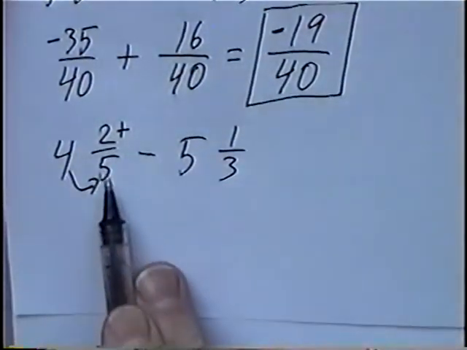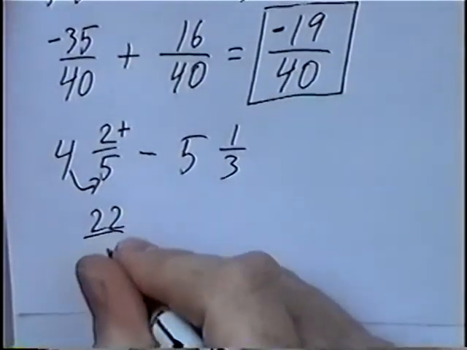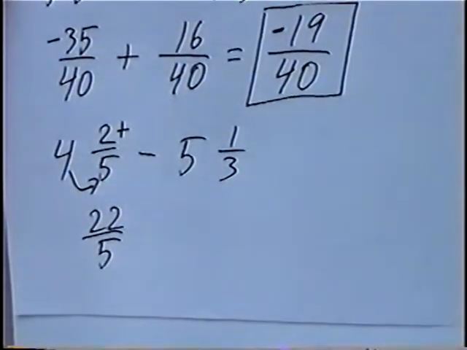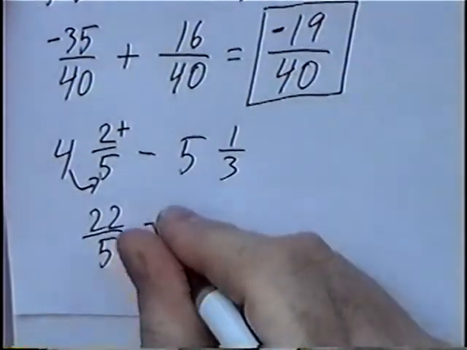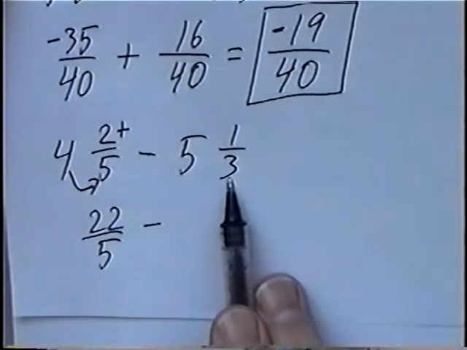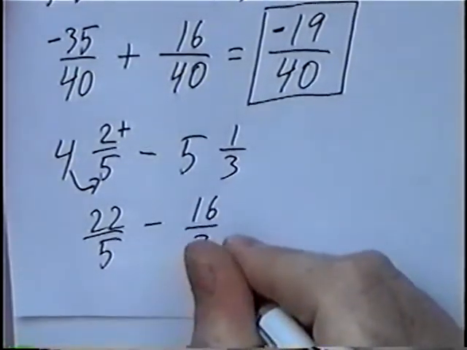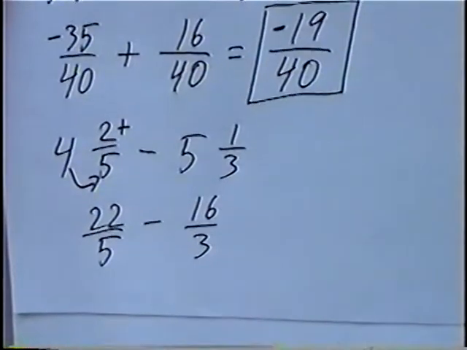So 4 times 5 would be 20, plus 2 more would be 22, and the denominator 5 would stay the same. Minus 5 and 1/3 would be 5 times 3 is 15, plus 1 more is 16, so we'll have 16 over 3.